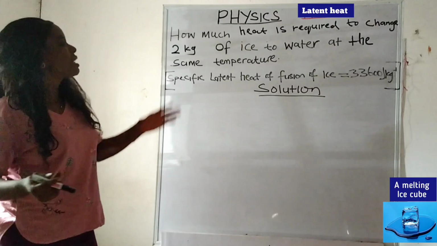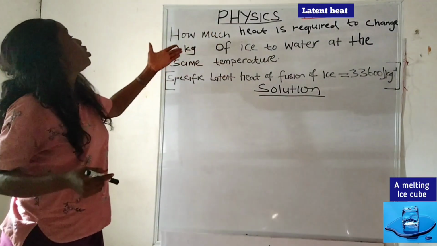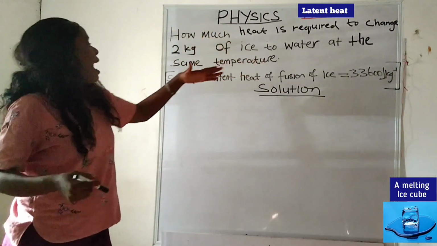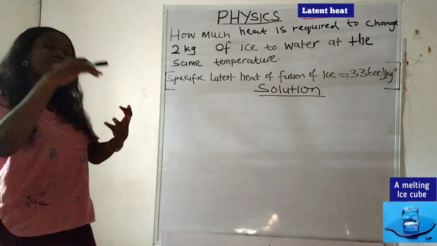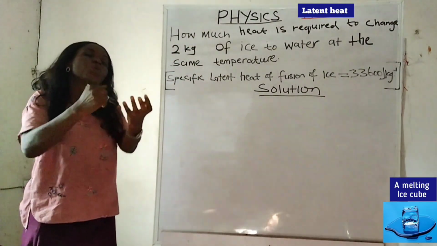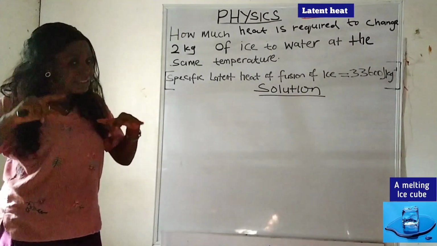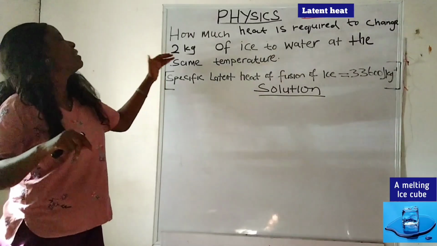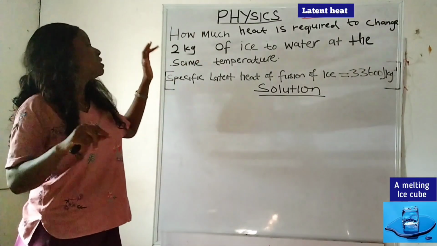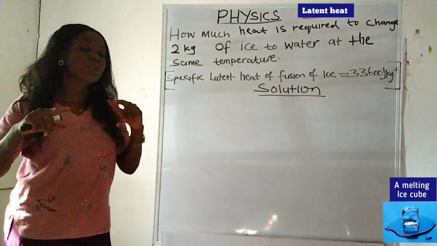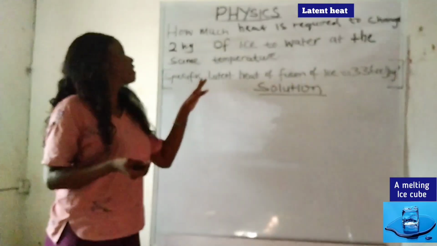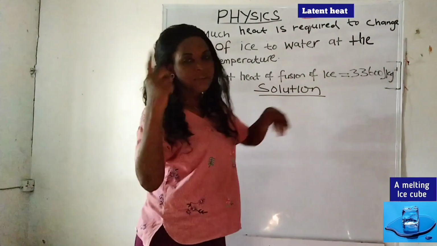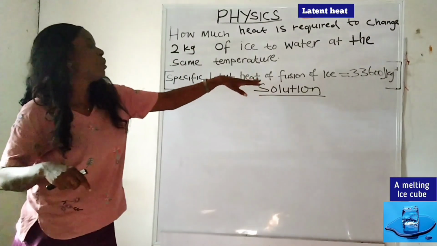The question asks how much heat is required to melt 2 kilograms of ice to water at the same temperature, without temperature change. Once we hear the same temperature, we are talking of latent heat. No wonder they gave us the specific latent heat of fusion of ice.